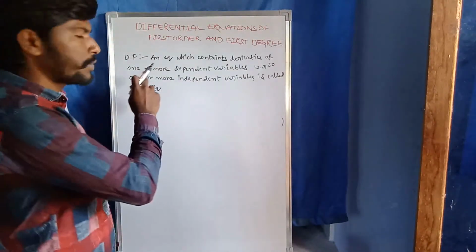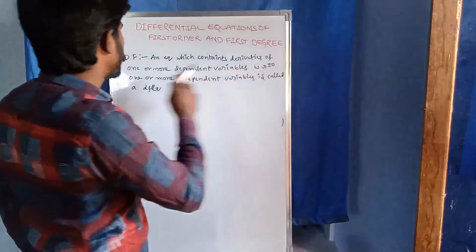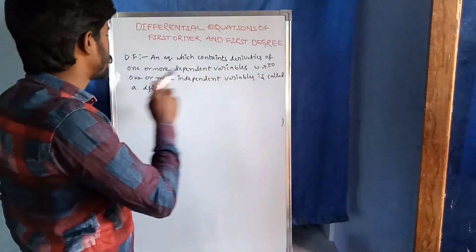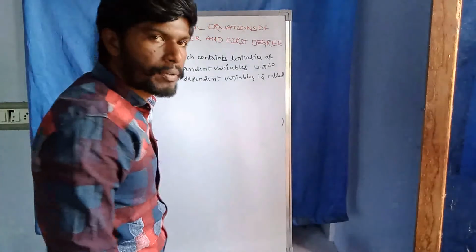The definition of a differential equation is an equation which contains derivatives of one or more dependent variables with respect to one or more independent variables is called a differential equation.